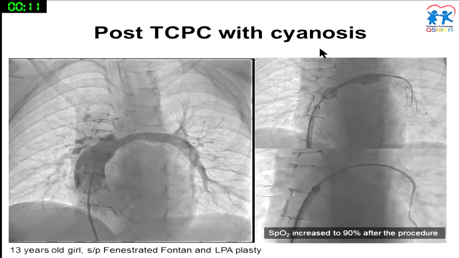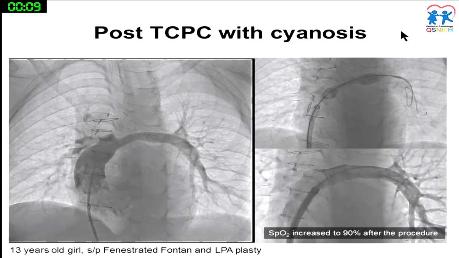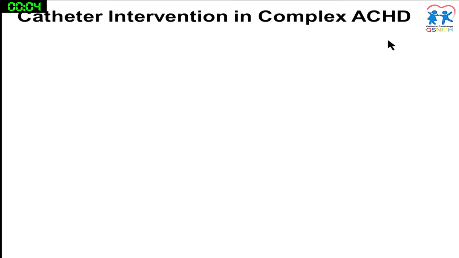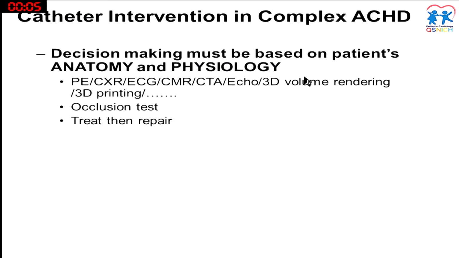So again, this is what you need to think about when you deal with adult congenital heart problems: what should we do or what should we not do. Just to conclude, ladies and gentlemen, an adult patient with congenital heart disease is not a big child. You need to decide individually, depending upon the anatomy and physiology.